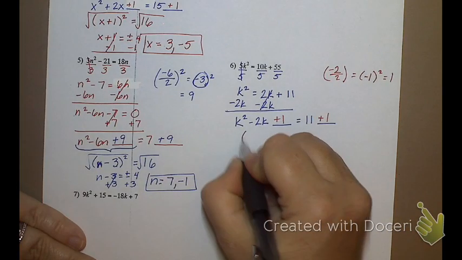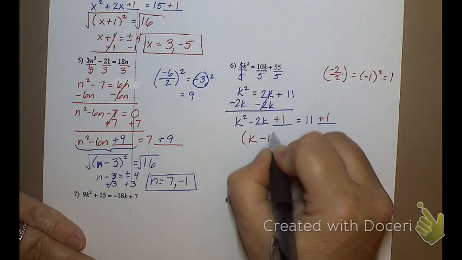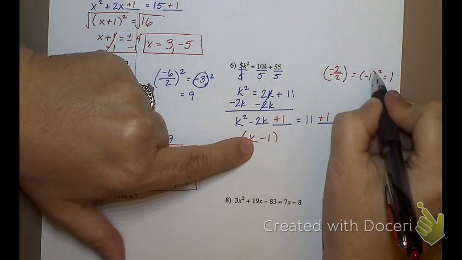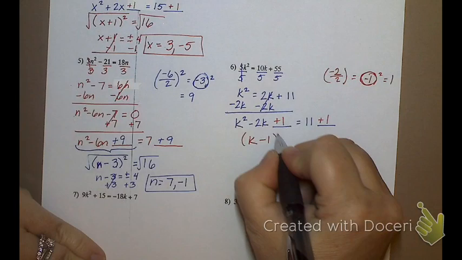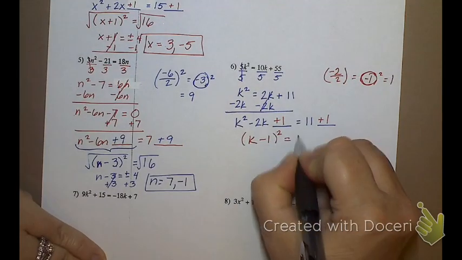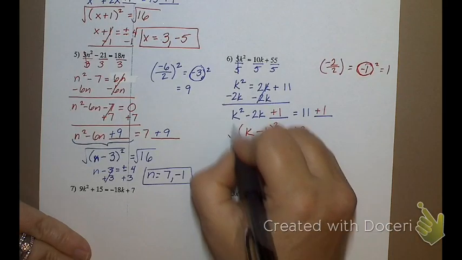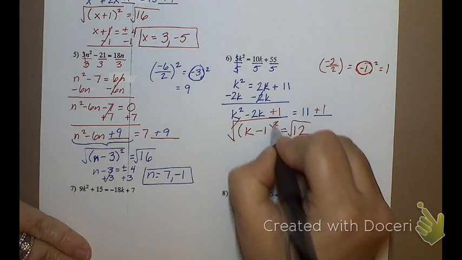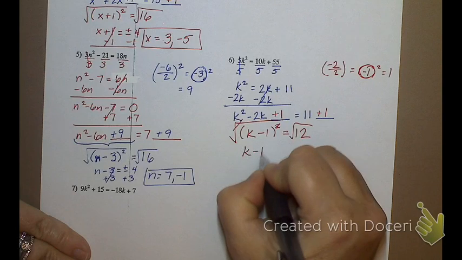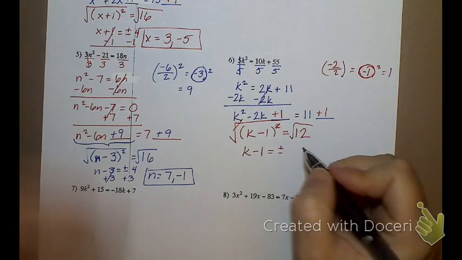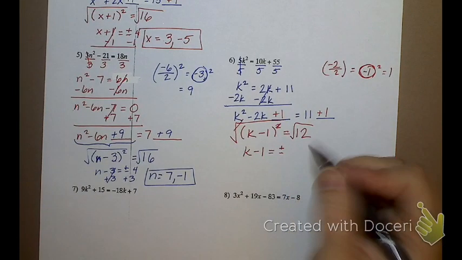So I have k minus 1, squared. Again, that minus 1 comes from right here. Equals what? 12. So 12 isn't going to have a nice square root, but I think I can deal with it. Plus or minus, I can make a tree.